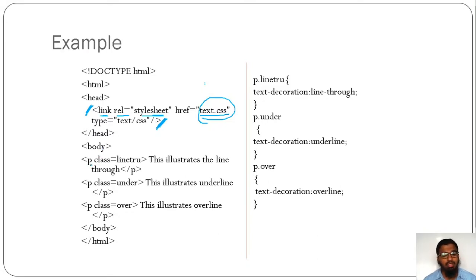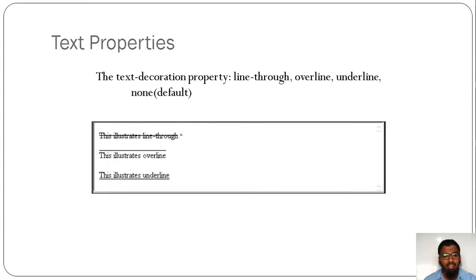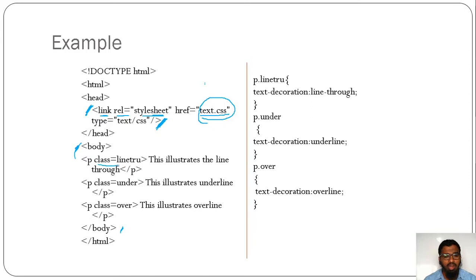Next, in the body part, we are calling class equals line-through. This means the output will be like this. How are we getting it? If you write like this it will not work, but here this text.css file has the CSS code.